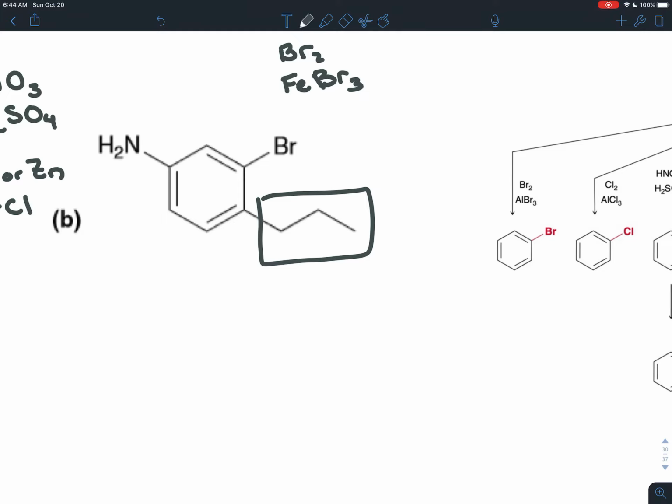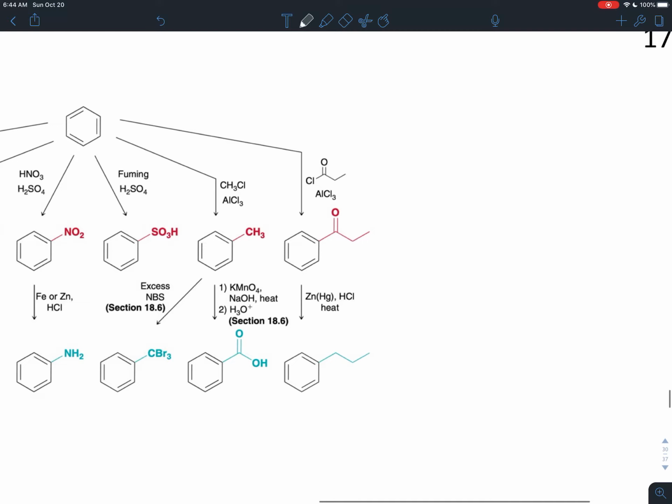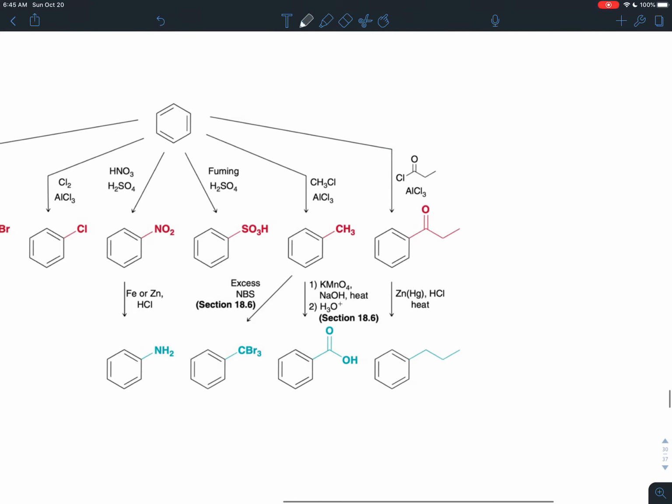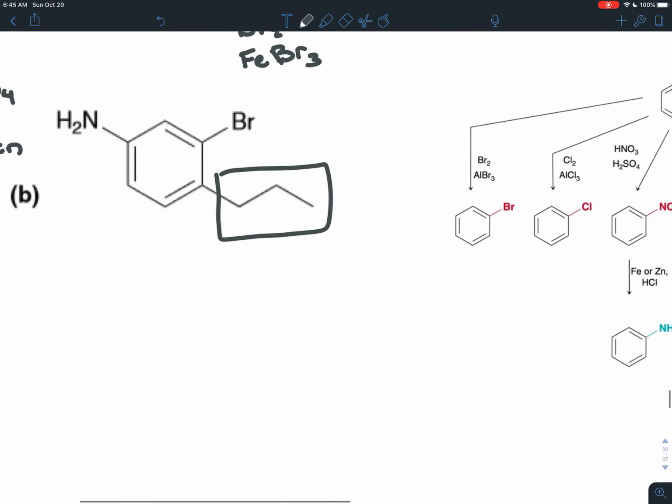So to avoid carbocation rearrangement, we'll do Friedel-Crafts acylation. That's the workaround. When you use this acyl group, the positive charge that forms on the carbonyl carbon is stabilized through resonance in what's called an acylium ion. And since we don't want the carbonyl, we can just reduce it afterwards using that mercury zinc amalgam with HCl and heat.